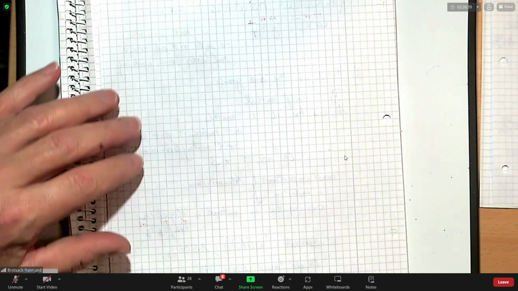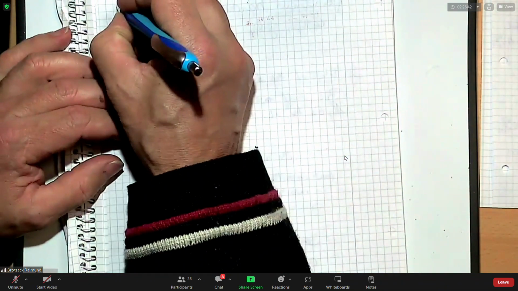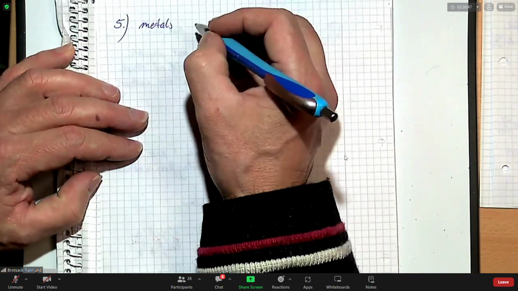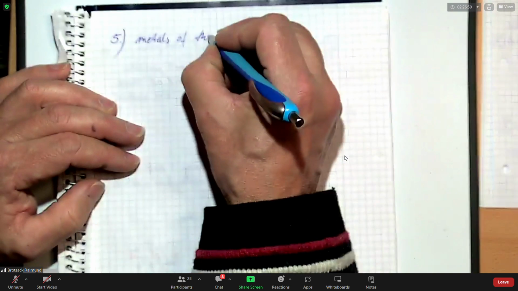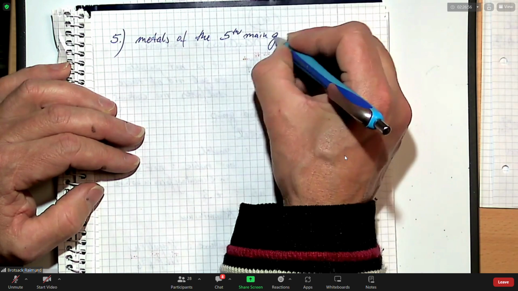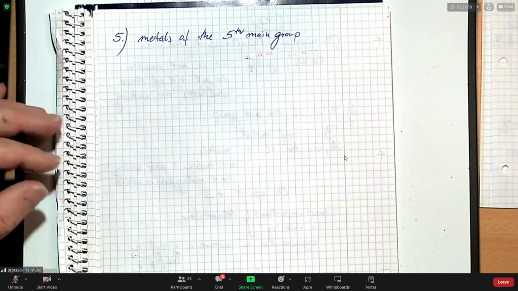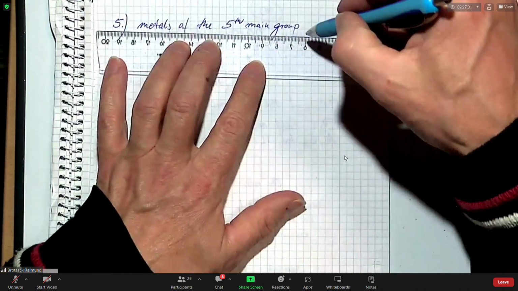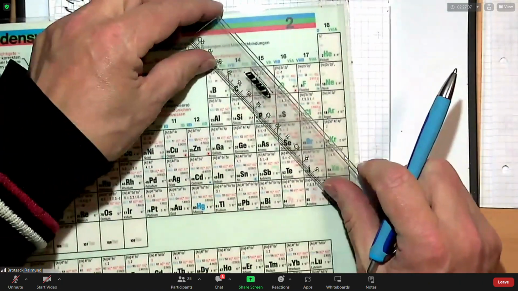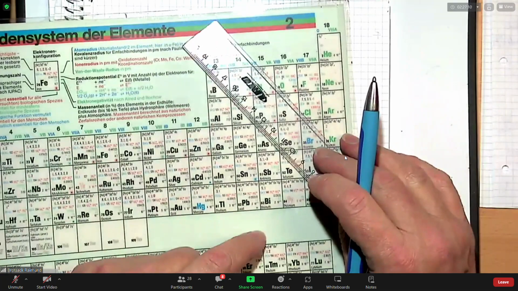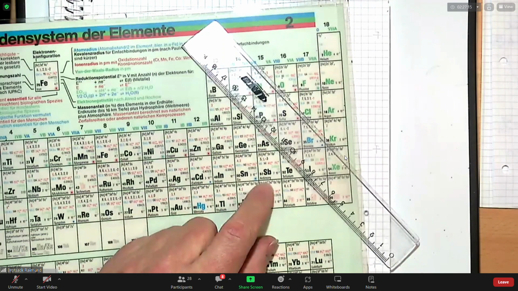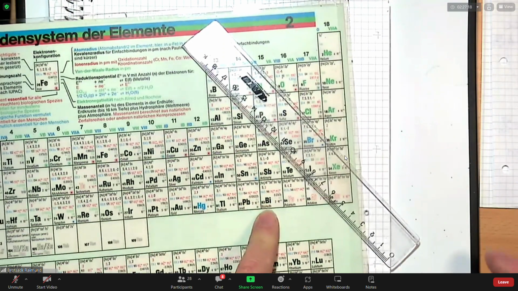Well, going on, the metals of the fifth main group, 5. Here we don't have too many. When we look at our periodic table, the transition area, then we already have half metals, arsenic and antimony. The only one is the bismuth.